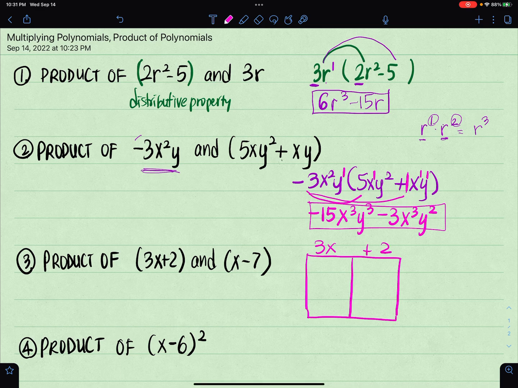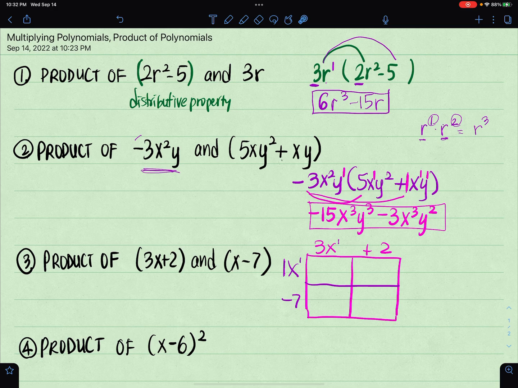Separate that. Then I have x minus 7, so I'm going to put x minus 7 and separate that. When you don't see a number, there's an invisible one. And if I wanted to write the exponents, I could do that as well. So when you're multiplying, we're using the multiplication box. So we're multiplying to put terms into the box. So it's like the distributive property.